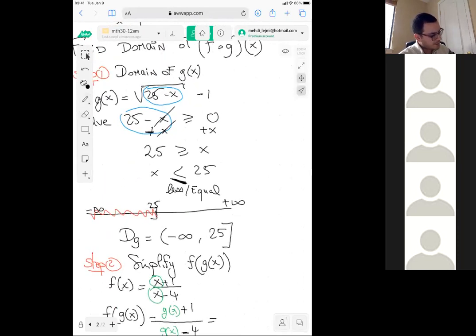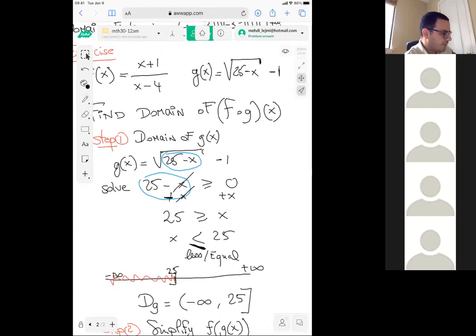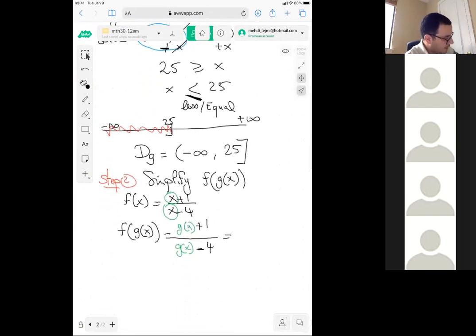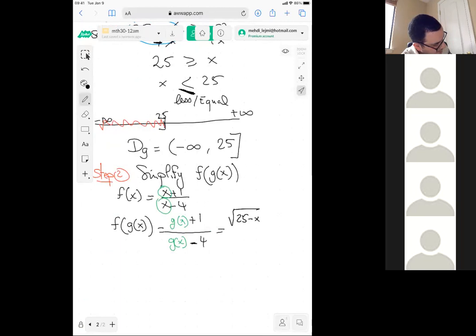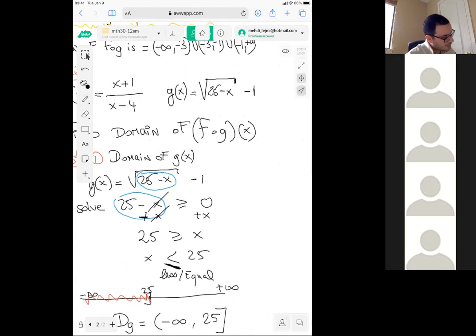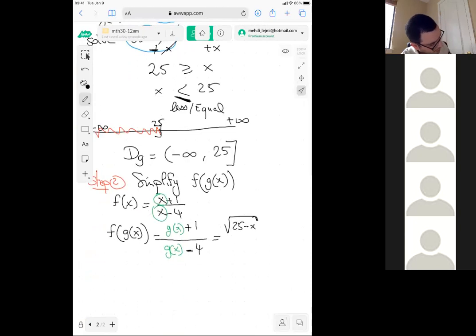So g of x, where is it? Yeah, it's the square root of 25 minus x, minus 1. Sorry, I forgot. So minus 1 here, outside the parentheses.